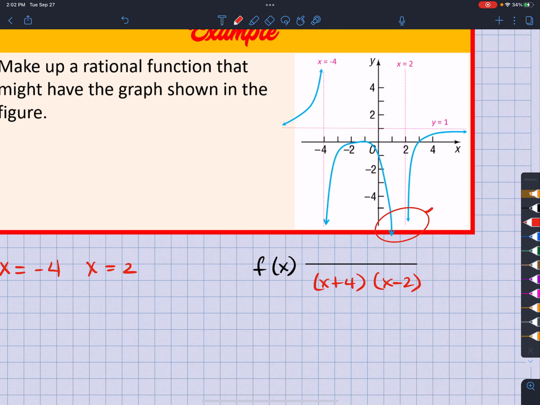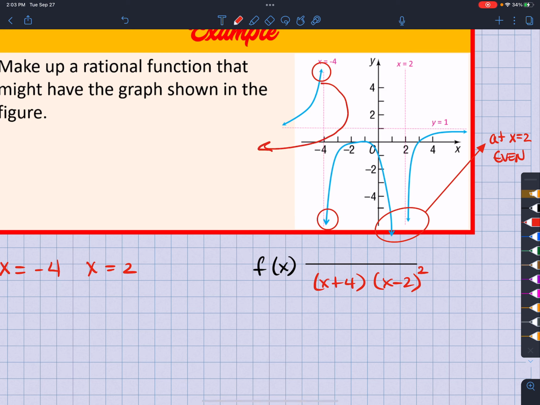See this right here? Since this is pointing in the same direction, I know that at x equals 2, it's going to be even because they're pointing in the same direction. So that means, and the smallest even I know is 2, so this has to be squared. And over here, look at these arrows. These are pointing in opposite directions.